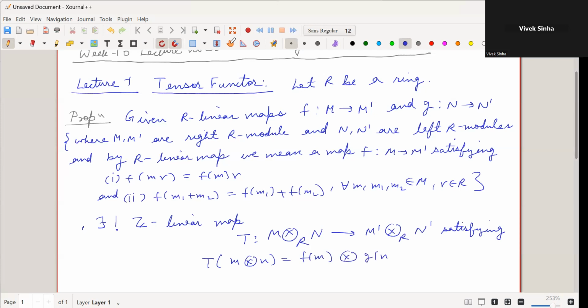So given an m inside M, Fm will lie in M dash, and given an n inside capital N, Gn will lie inside N dash.